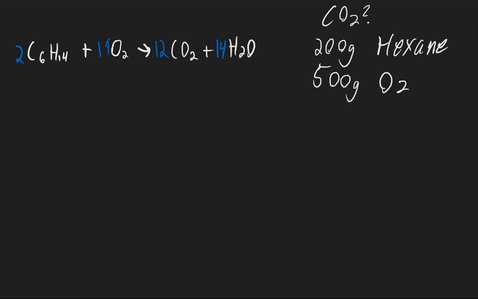6.02 times 10 to the 23rd atoms is equal to 1 mole. So we need to figure out how many moles of each of these we have. To do that, we need to figure out the molecular weight of each of these molecules. For hexane, if we take a look at our periodic table, 1 mole of carbon is 12 grams per mole.